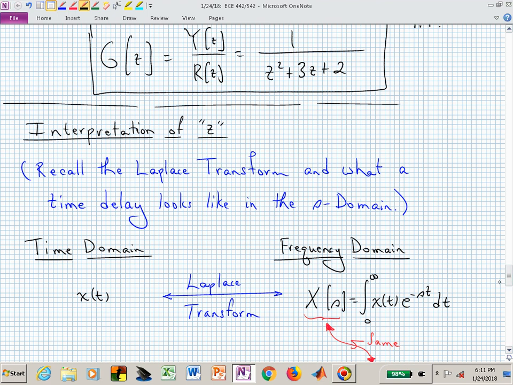Suppose we started with this. The time domain, I had a lowercase x of t. To find its Laplace transform, we know the definition of the Laplace transform is this integral.